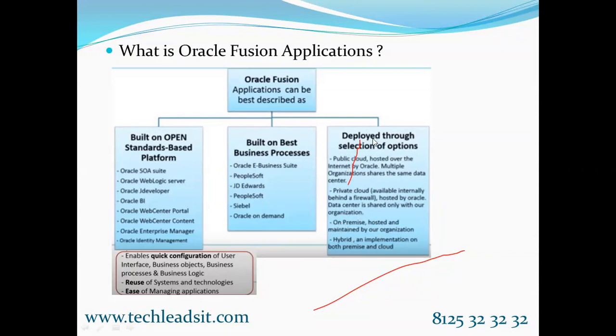In the same way we have public cloud and private cloud. These processes and platforms are deployed into the public cloud, and we access this Fusion application through the public cloud. That means we are in a cloud system. By using this, we can quickly configure the user interface, business objects, business processes, and business logic, with easy reuse of systems and technology and easy management of applications.